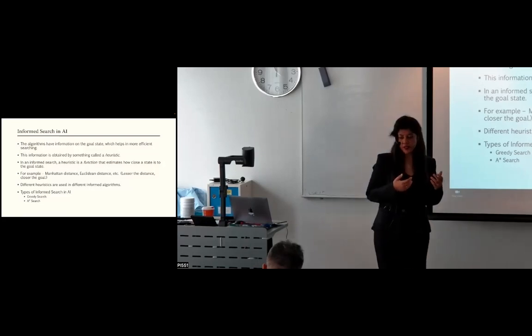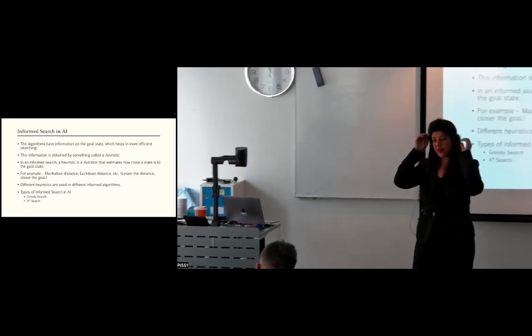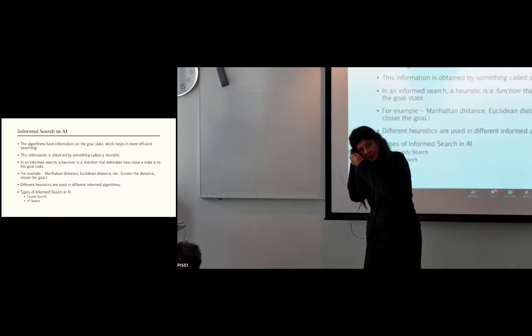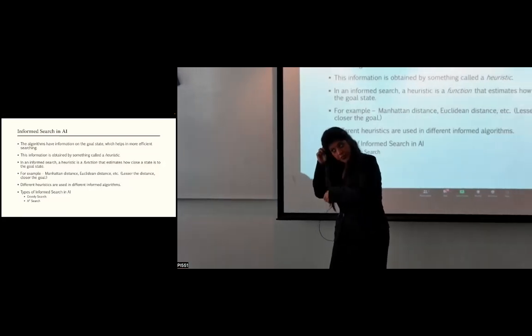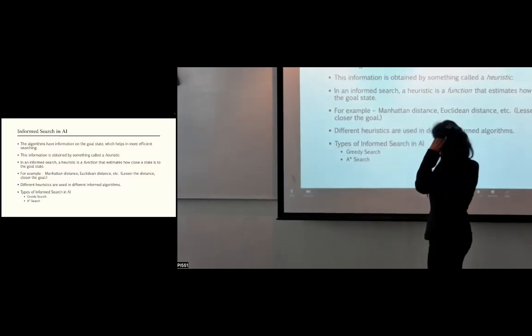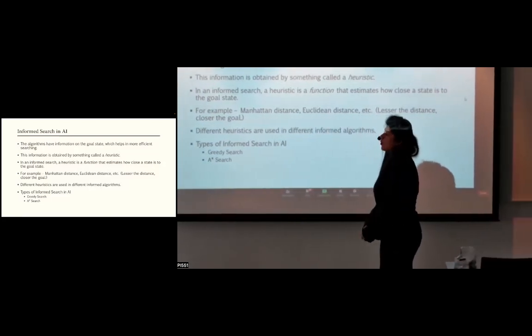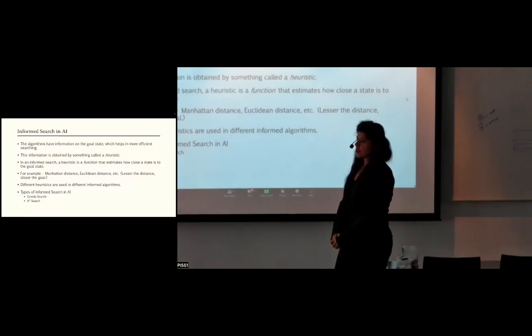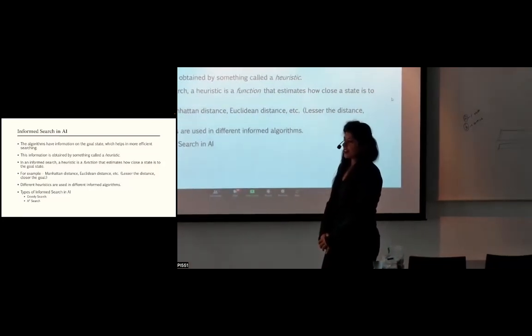The uninformed search is what we covered in the first half of this tutorial, and now we are going to cover informed search. So what's the difference? Anyone can tell me what was the difference between the uninformed and the informed one?